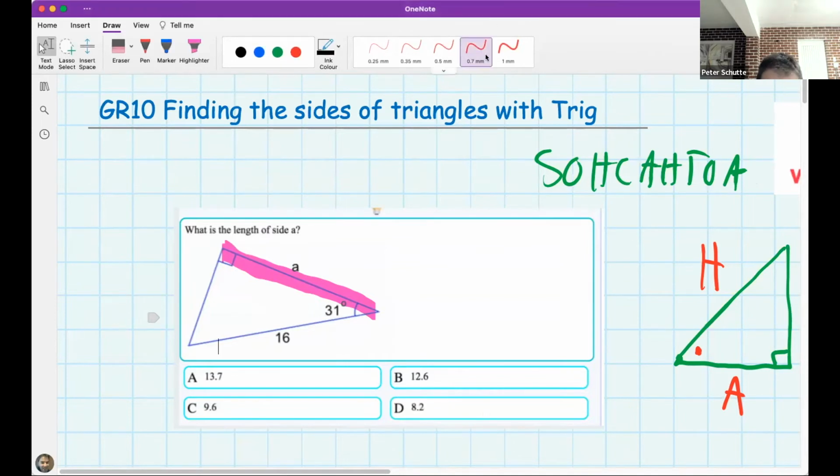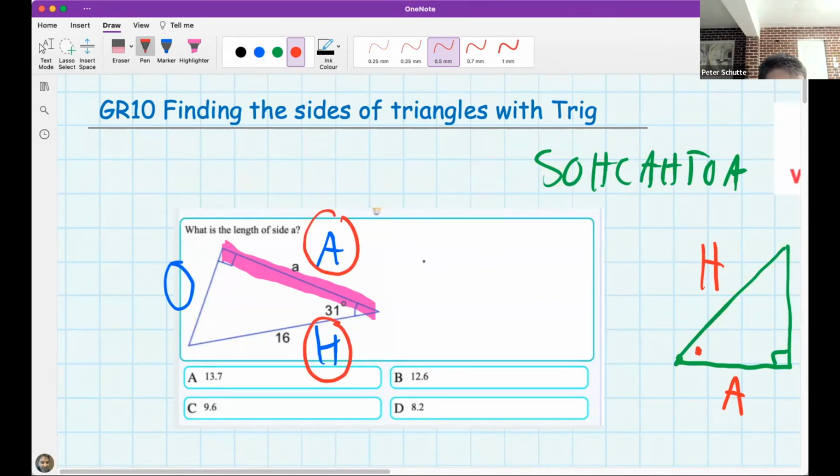Okay, so we have a lot of options coming in, which is A. And so we would say in this question, this would be O, this would be H, this would be A. I'm going to choose the trig ratio that involves A and H, which would be cos. And so we'd say the cos of 31 would be A over 16.